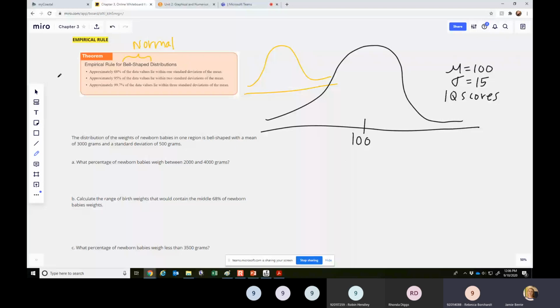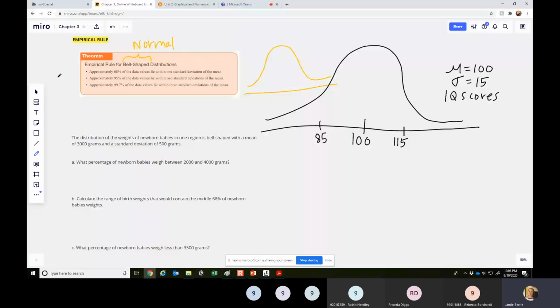All right, so I could go ahead and write out all of my standard deviations. So this would be 1 standard deviation below, 1 standard deviation above. So 100 plus 15 would be 115. Going below the mean, 100 minus 15 would be 85.